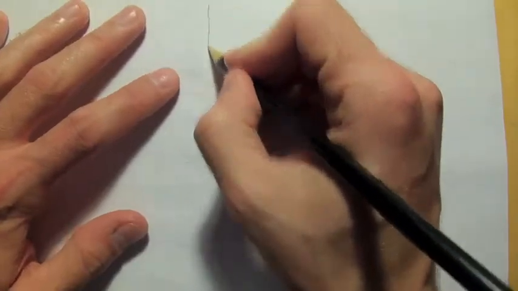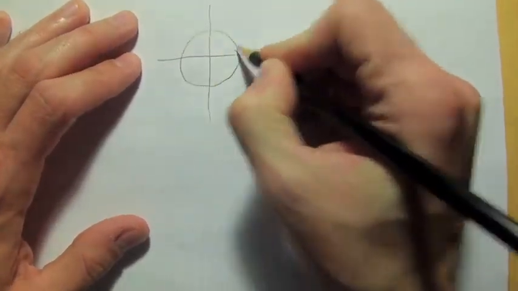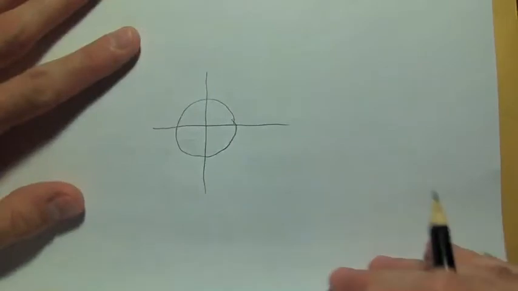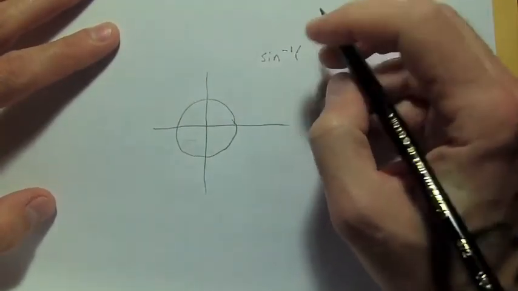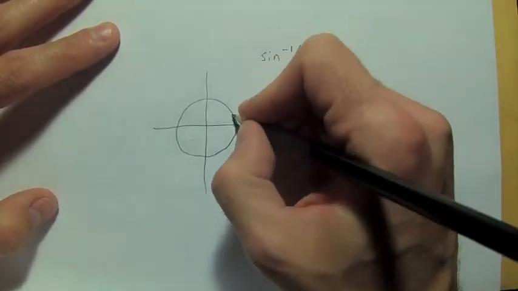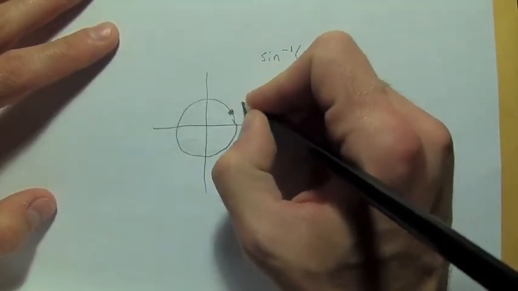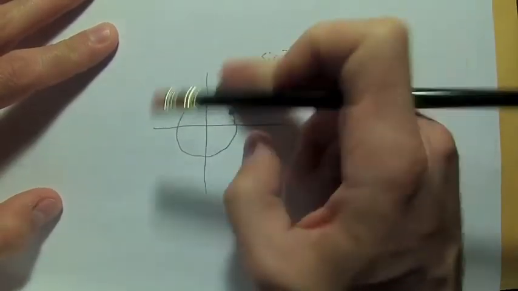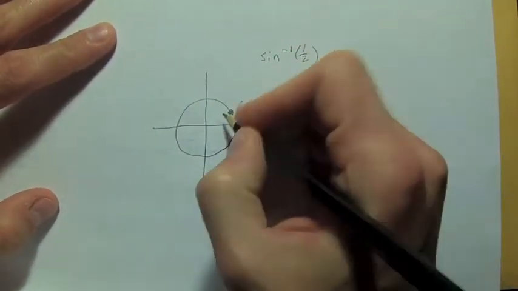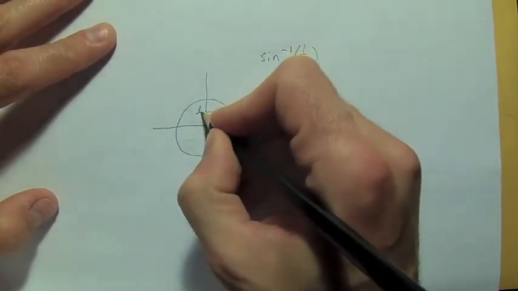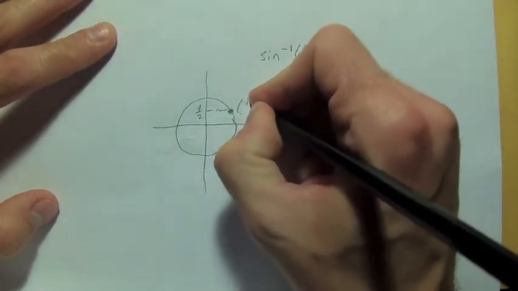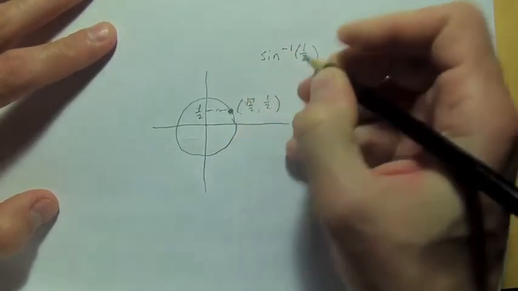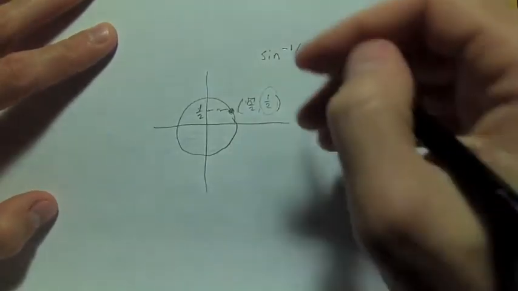So if you have the unit circle and you say, okay, I want sine inverse of this y, say 1/2. So we have this point here, square root of 3/2, comma 1/2. We want sine inverse of 1/2.